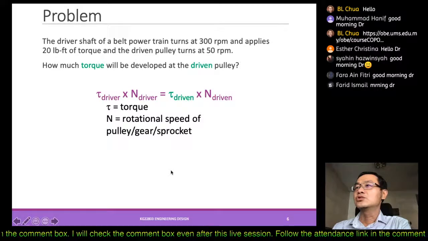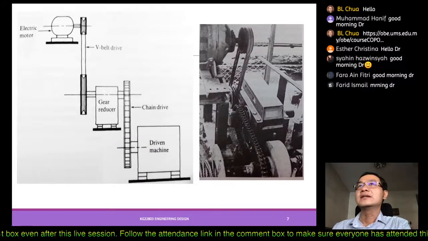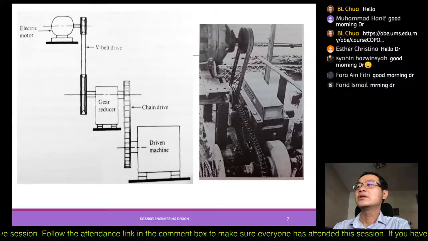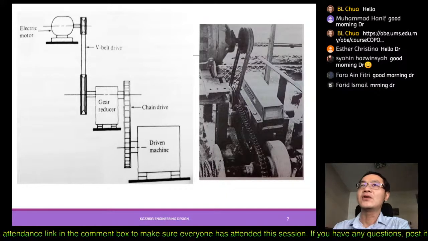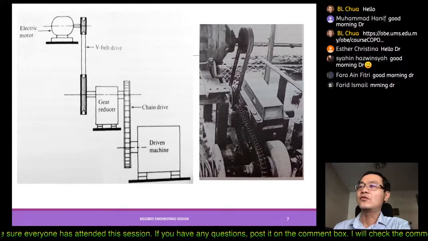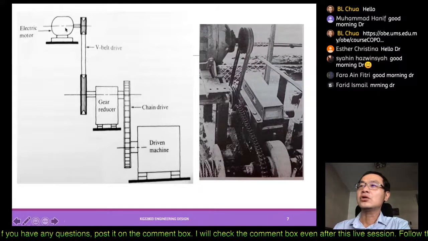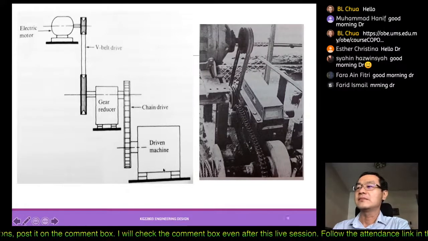And we also go through this. As we have discussed previously, when we try to design any system that involves movement, you may have a motor to drive a machine.